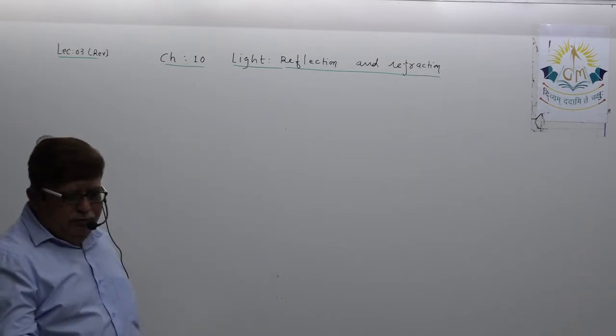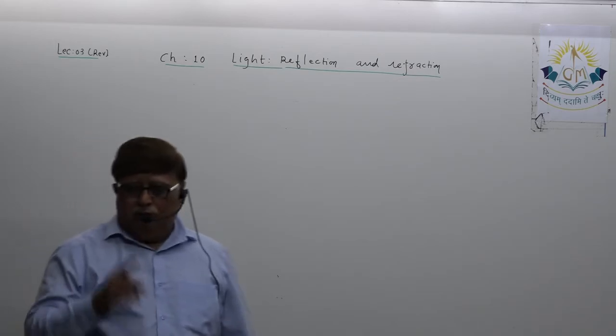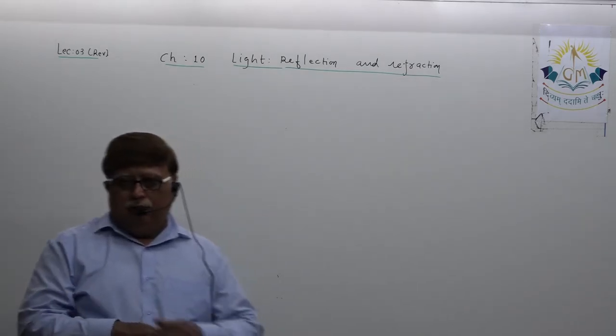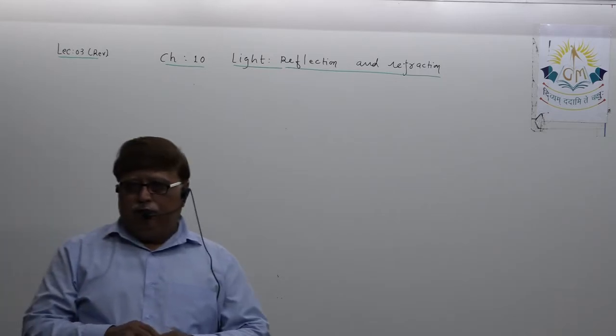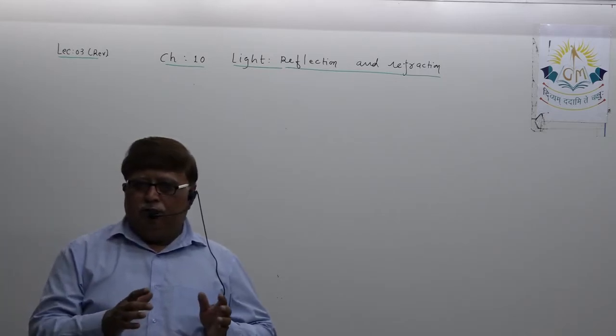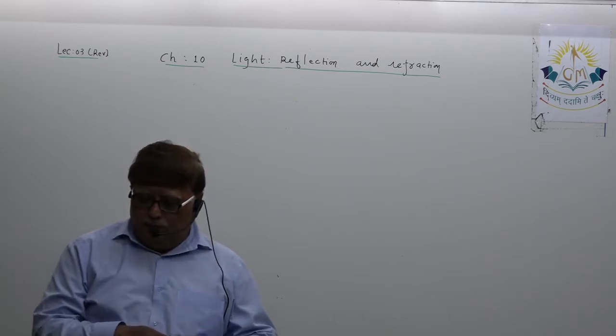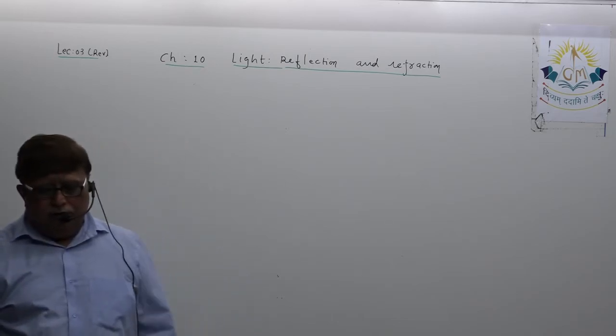Read the sum number 4. I am reading from my PDF. You just have a verification of that. We have done 1, 2, and now we are looking at example number 4. What is written there?